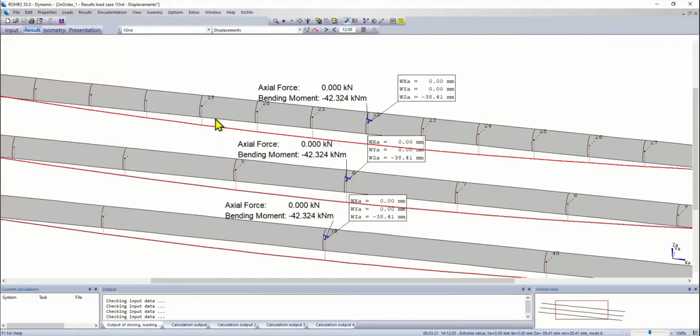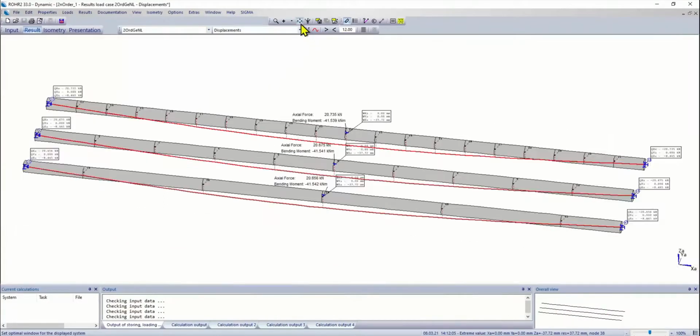Now we can also see that there is no axial force and that the pipe holds just by the bending moment here. If I use a second order theory, it is exactly the same situation because there is no compressive load here yet. But if I consider second order theory with geometric nonlinearity, the fact that the pipe will bend down and also the fact that both ends are held in the axial direction will create additional axial forces, which are now 20 kilonewtons.